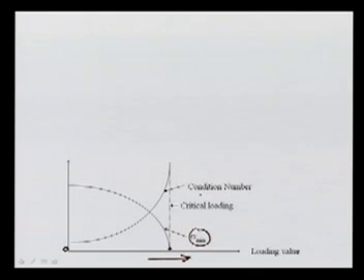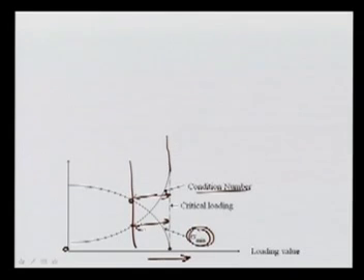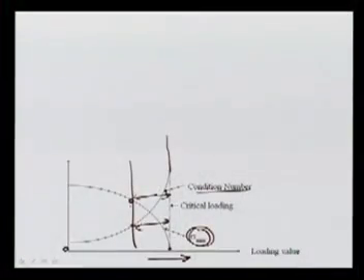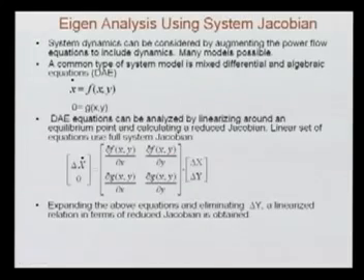Either you can use the condition number or the singular value, and then you can see how far you are from your critical loading, what the value of sigma min is, and then you can say what margin you are at. Similarly, from the condition number you can say how much you are away from your critical loading. So this gives your margin, which is again the static voltage stability margin. Here is the nose point, and this shows how far away you are operating your system. This approach is known as the singular value decomposition approach.